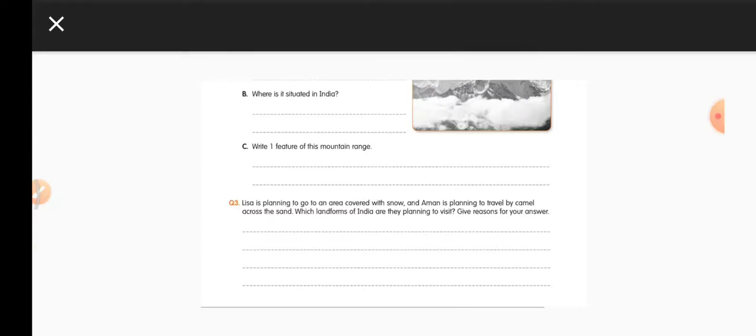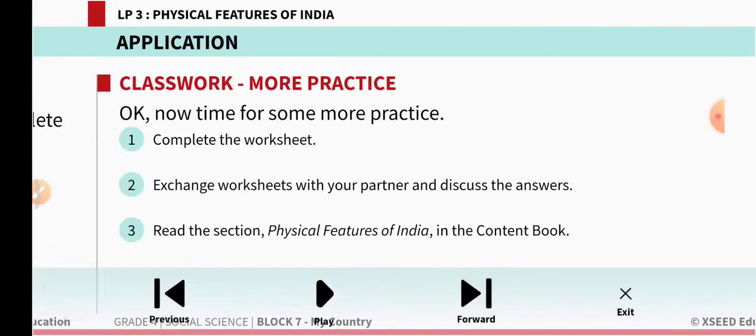If Lisa is planning to go to the area covered with snow, then she is going to the northern mountains, those are Himalayas. And Aman, if he is going to a land that is covered with sand, and if he wants to use the camel as his transport, then he is going to the Thar Desert, right? Let's move ahead.